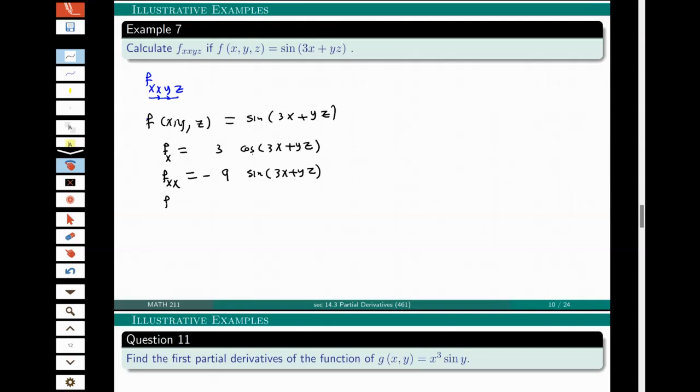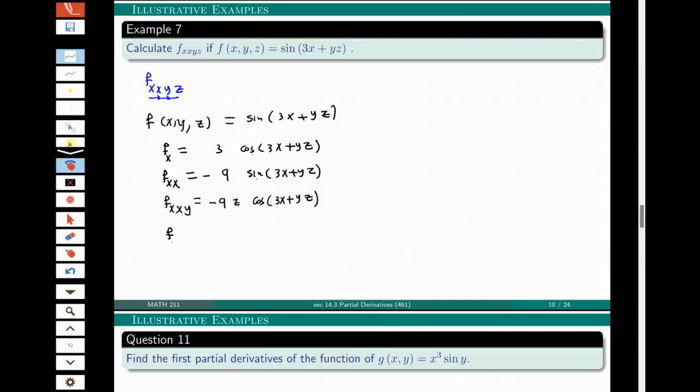Now we want to differentiate it with respect to y. Now my variable is y, so the derivative of sine will be cosine of 3x plus yz. But the derivative with respect to y will give me z.